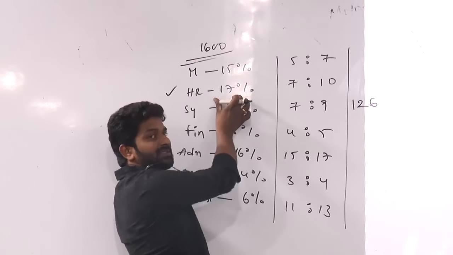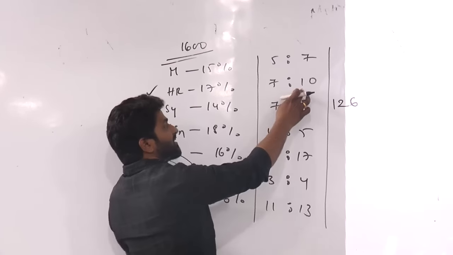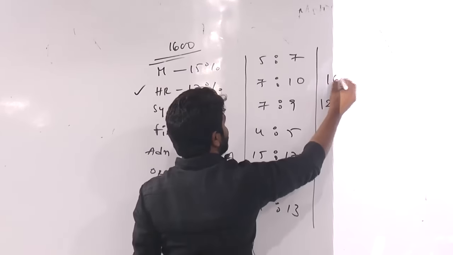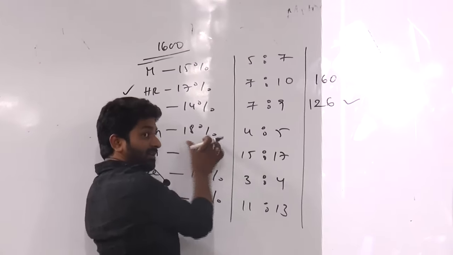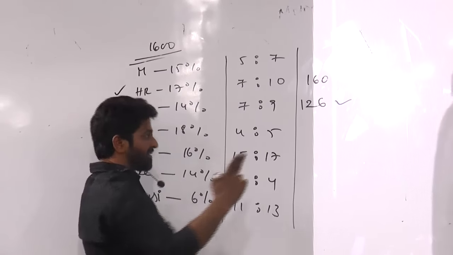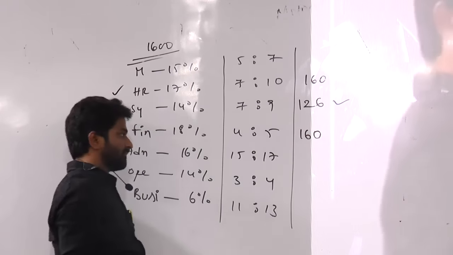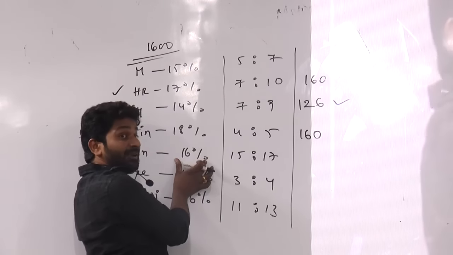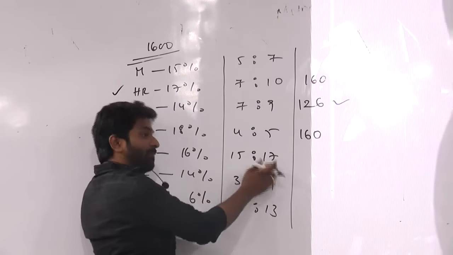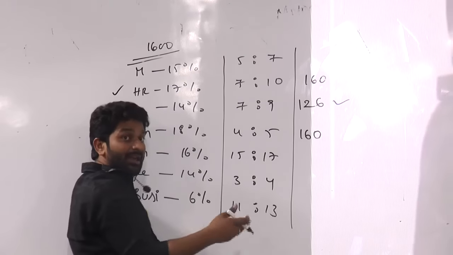17 parts 17%, 1 part 1%, 10 parts 10%, 160. 9 parts 18%, 1 part 2%, 5 parts 10%, again 160. 32 parts 16%, 1 part is half. 17 parts in the sense half of 17, 8 and a half.